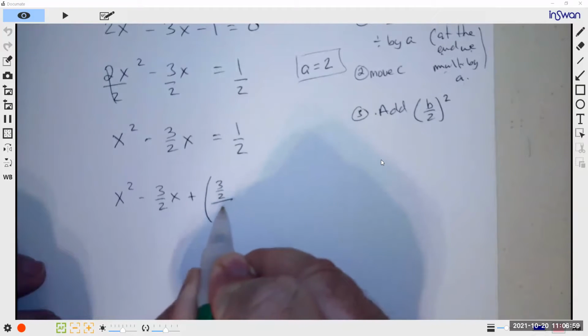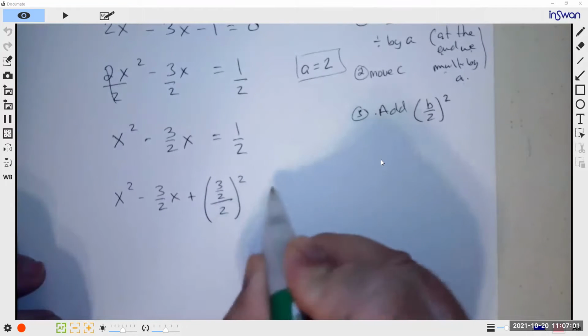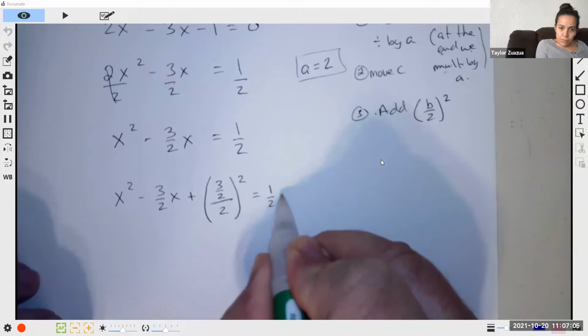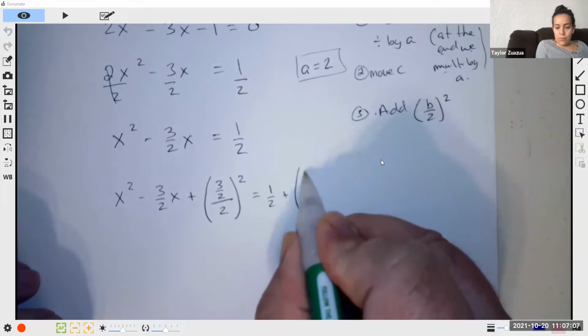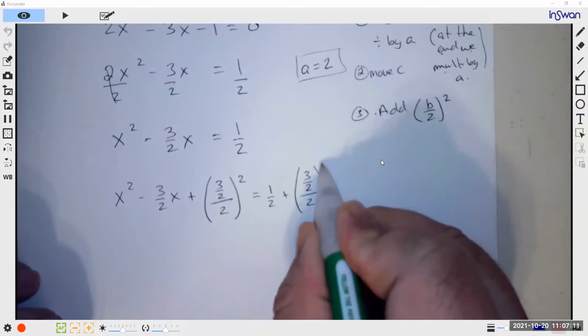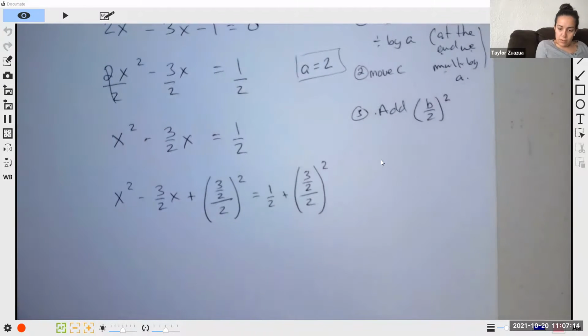B is 3 over 2. I divided 3/2 by 2, and I squared it.